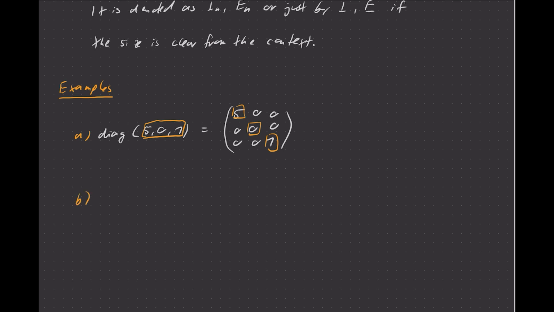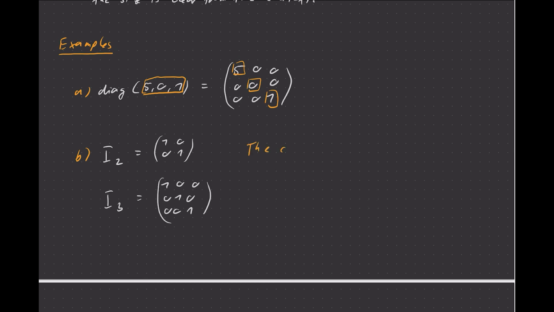And part B, let's look at a few identity matrices. For example, the identity matrix I_2 is this one here, 1s on the diagonal, 0s everywhere else. The identity matrix I_3 will look like this. And hopefully you'll notice that the columns and the rows, both of the identity matrices, are unit vectors.